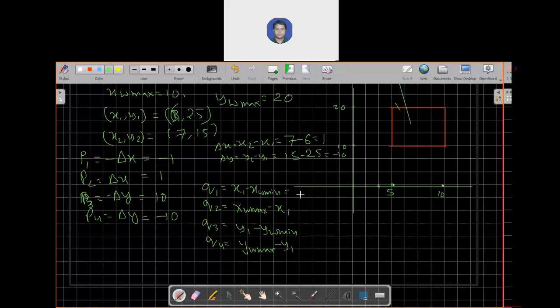x1 is here 6, minus xw min is 5, and yw max, which is 10, minus y1, sorry, y1 is 25, minus yw min, which is 10, and yw max, this is 20, minus y1 is 25.